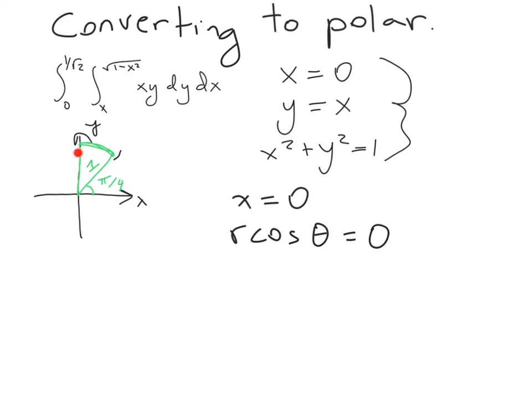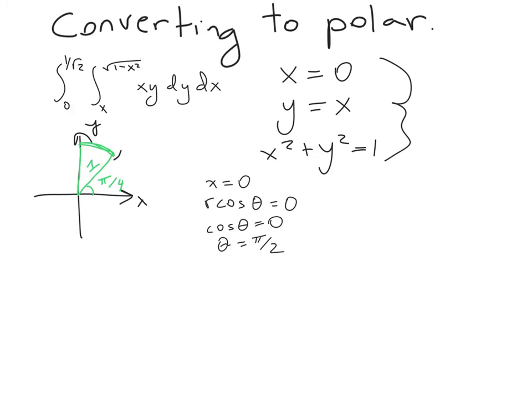And we're interested in this line here, so it doesn't make sense for us to set r to 0, but actually setting cosine theta to 0 is just the right thing. So this is cosine theta equals 0, and actually specifically this line is theta equals pi over 2. So theta equals pi over 2 is the half line that starts at the origin and goes up this way.